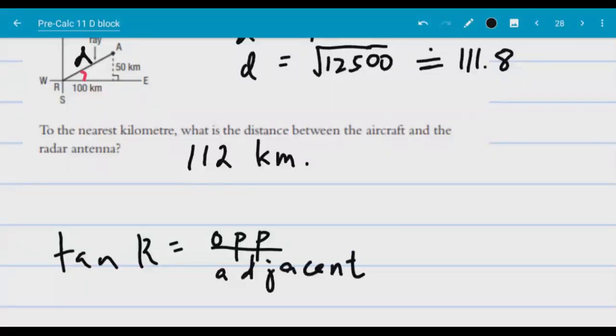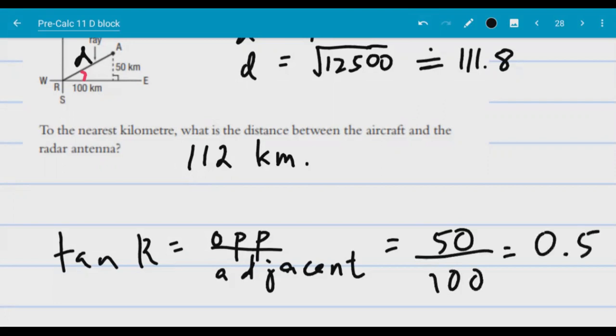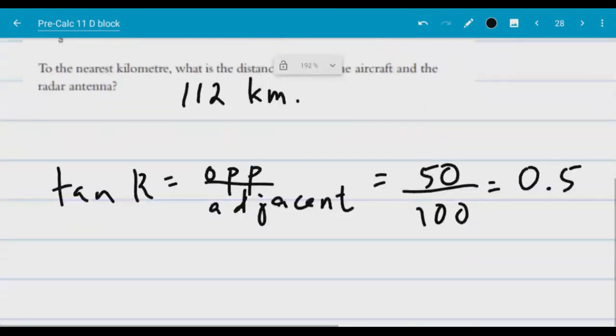And if we are going to be putting in the values, the opposite side is 50 and the adjacent side is this one, which is 100, which gives us 0.5 or 1 half. Therefore, the tangent of R is equal to 0.5.